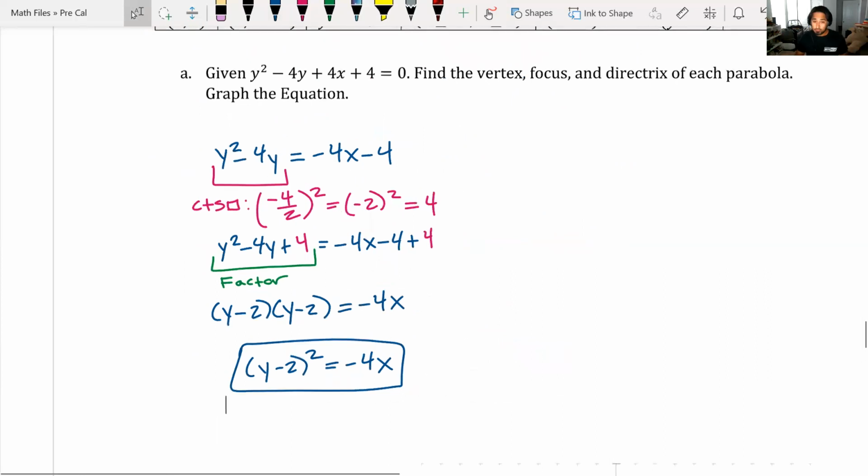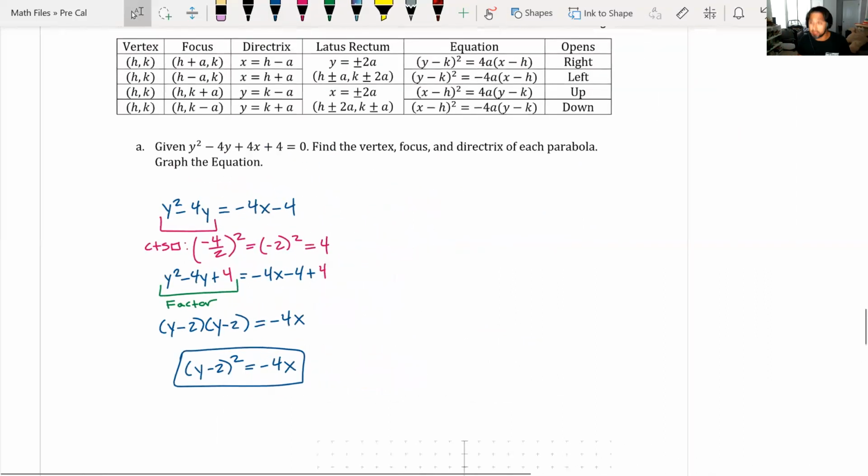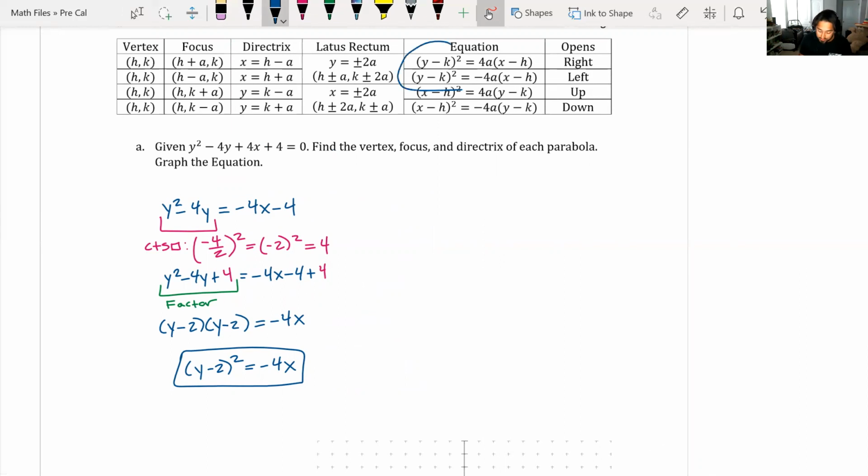All right, we have our equation, but now let's compare it to the formulas above and determine which way it opens. And also we're going to have to grab more information from this equation. So y minus 2 squared, this means that we have a y squared on the left side. So it could be either of these two formulas, right? But then we look at the positives and negatives. Look what we have here, a negative 4x.